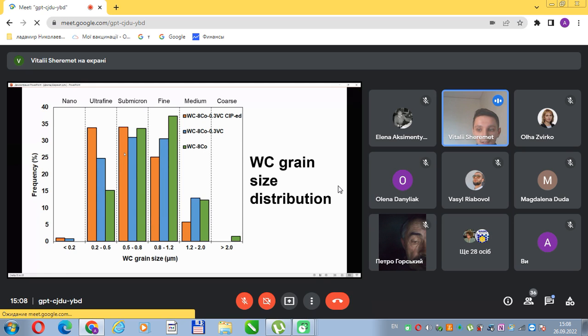The samples with the addition of vanadium carbide, which were then subjected to cold isostatic pressing, show the highest values in the histogram areas with the smallest size of tungsten carbide grains. The combination of cold isostatic pressing with the addition of vanadium carbide made it possible to obtain an alloy with an ultrafine grained structure.